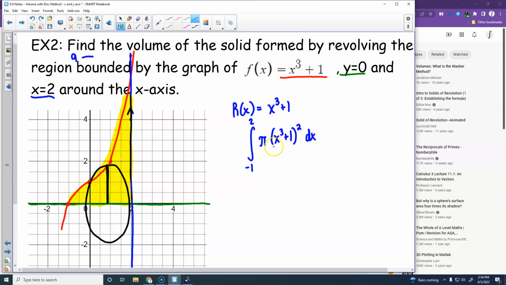Okay. All right. So we need to integrate this. We'll pull the pi out front. We're going to have to square that out first. So we will get x to the 6th plus 2x cubed plus 1 dx.